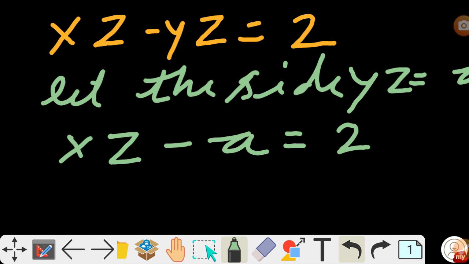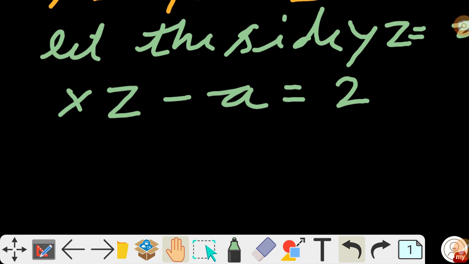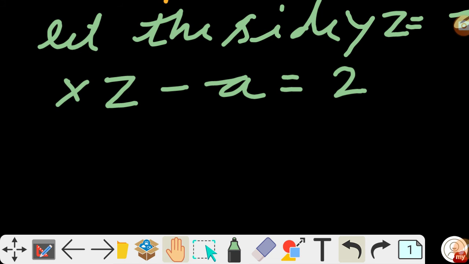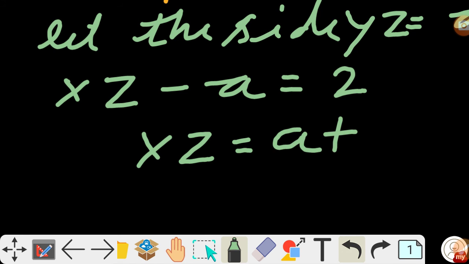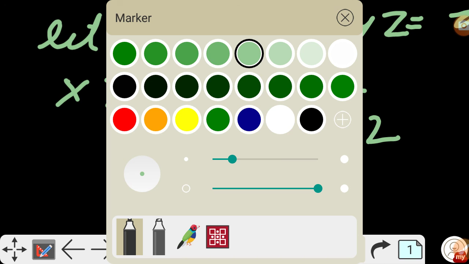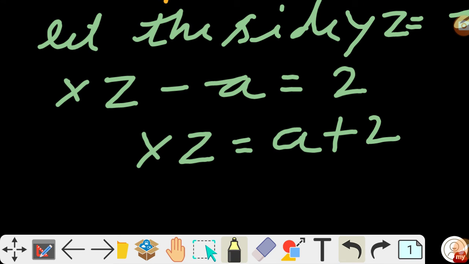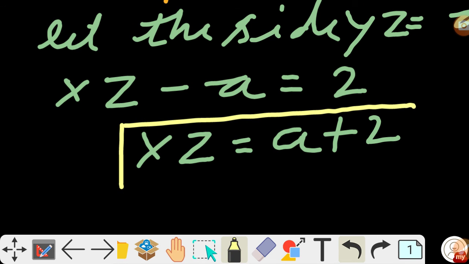If the value is given in this equation and we need to find XZ, then the a goes to the other side, and the minus becomes plus, which gives a plus 2.